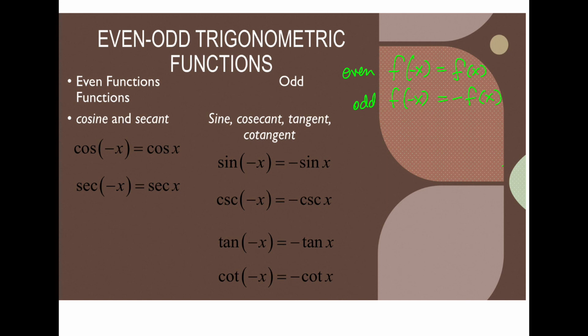What we find is that cosine and secant have a relationship, right? They're both related to x. If we take the cosine of negative x, we're going to get a positive x. And the secant of a negative x would be a positive secant.